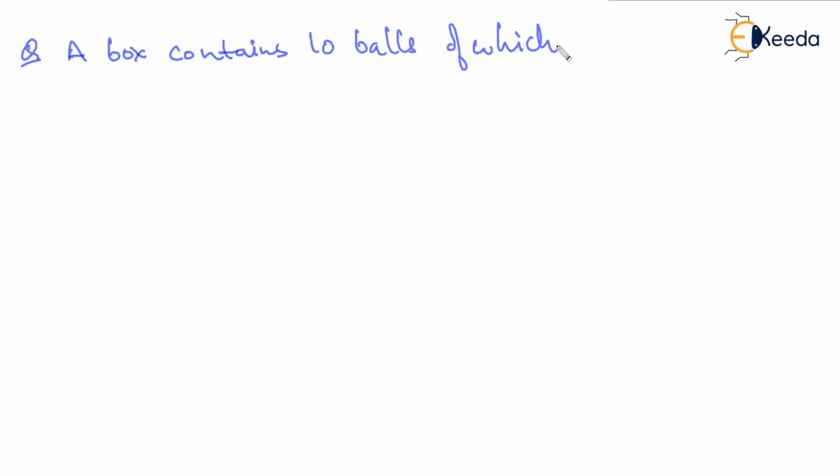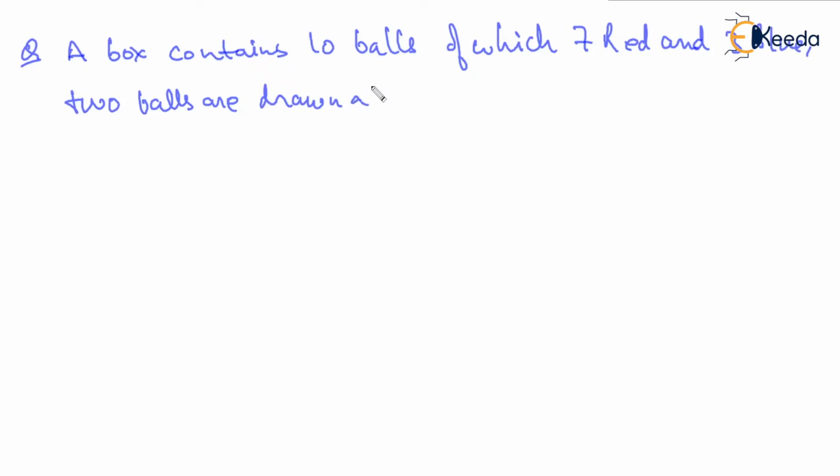So this question on sampling is: a box contains 10 balls of which 7 are red and 3 are blue. 2 balls are picked or drawn at random.